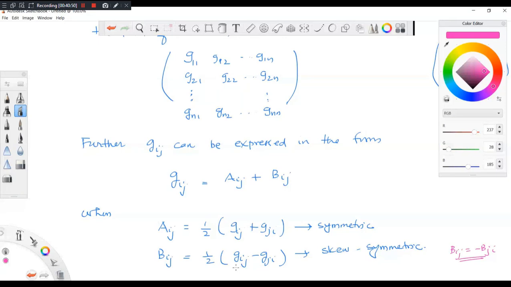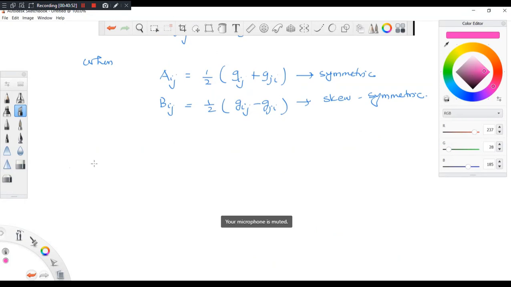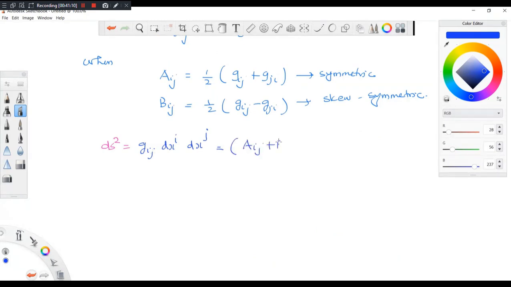Now ds square is equal to, what is ds square? Gij dxi dxj. Now what is Gij? Gij I have written as Aij plus Bij, then this into dxi dxj.